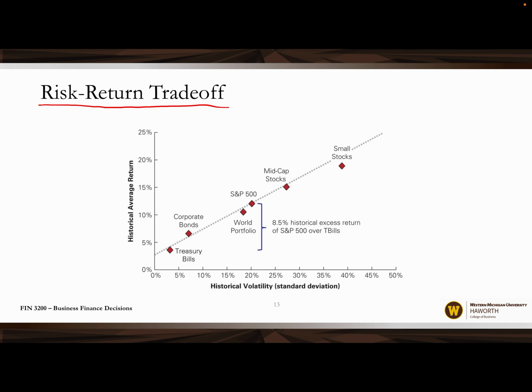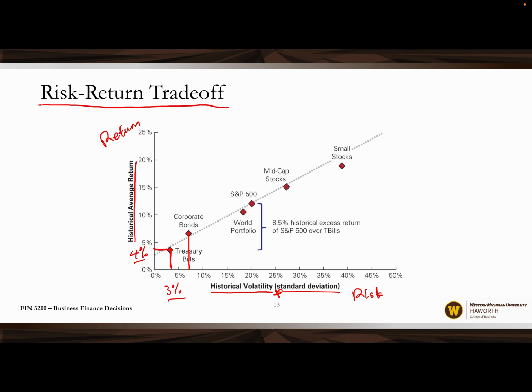As you see here, on the y-axis we have historical volatility, the volatility risk, and historical average return, the return. Return versus risk. For something safe like the Treasury bill, the volatility would be like 3%, but the historical return is only 4%.